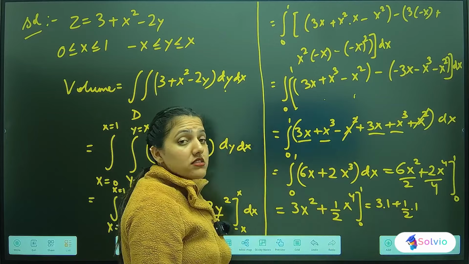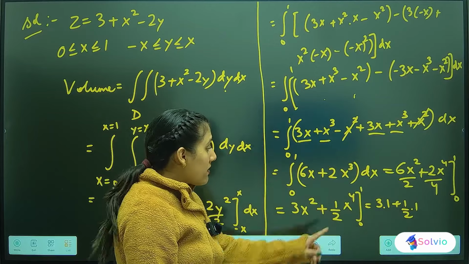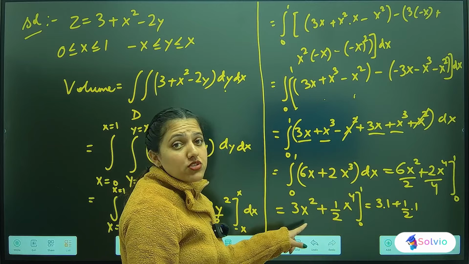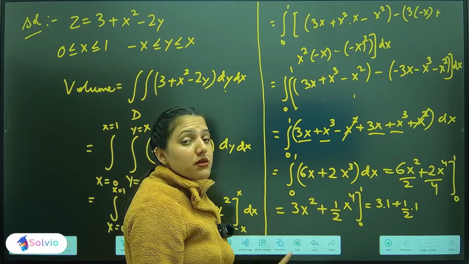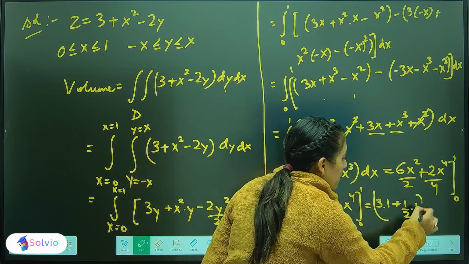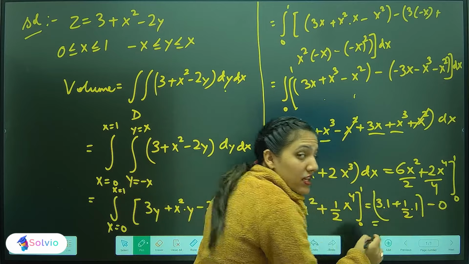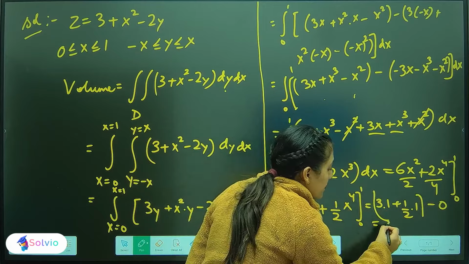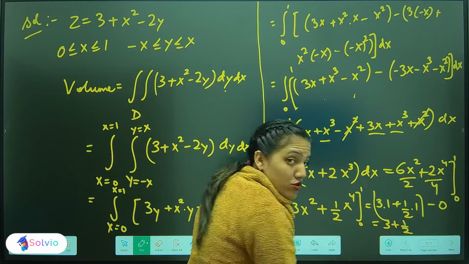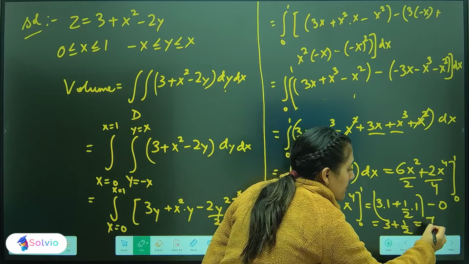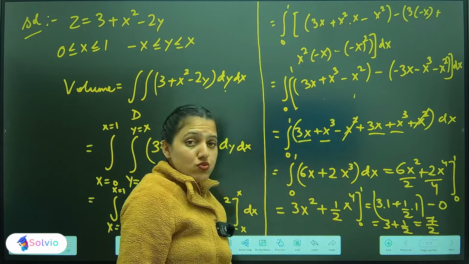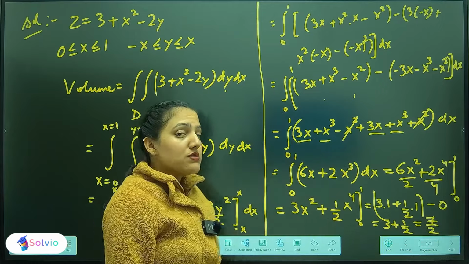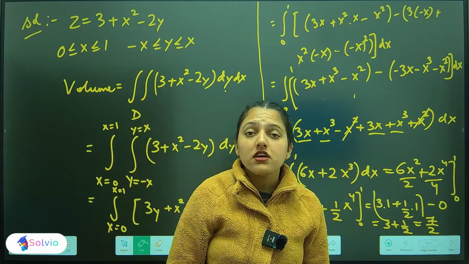Now you can see that the lower limit is 0. When you put 0 in place of x, the whole term becomes 0. So minus 0, and when you simplify, it becomes 3 + 1/2, which is 7/2. Clear? So this is my answer for the example.